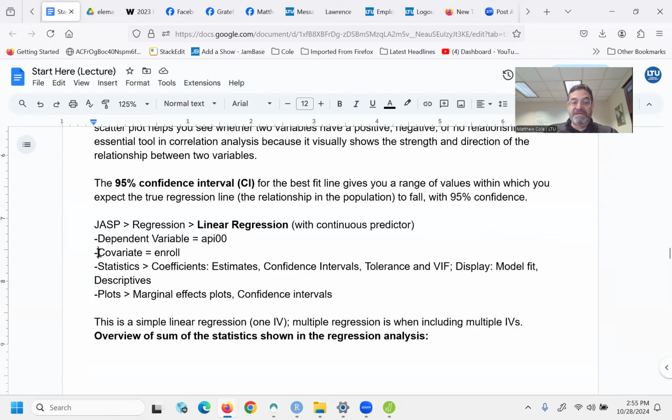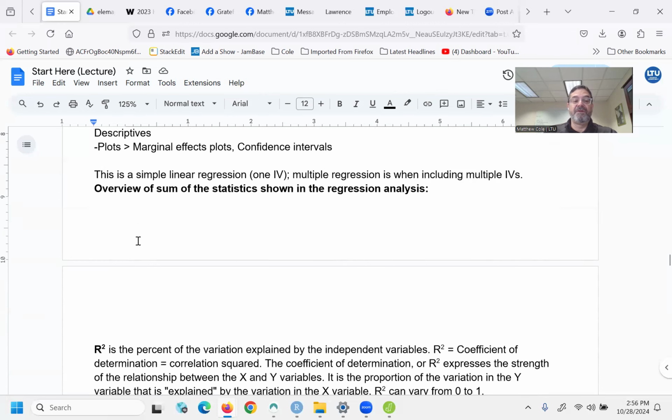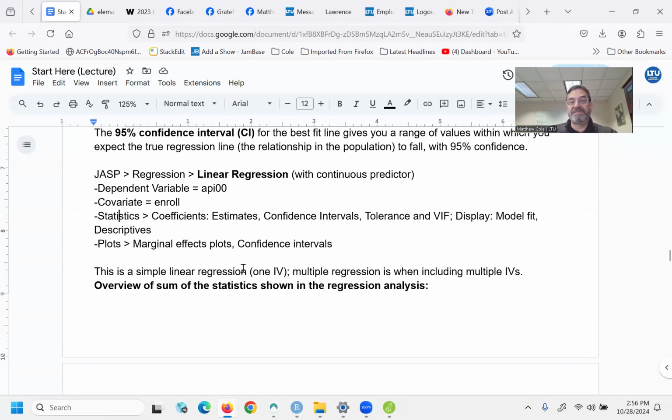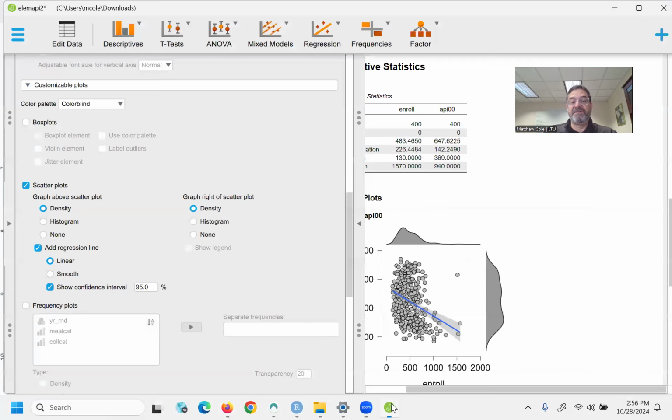The predictor variable is enroll, and in regression, you'll see in a minute, that's called the covariate, because everything is contributing to the variance in the dependent variable, which is why it's called a covariate. Then when we generate the statistics, we want coefficients, estimates, confidence intervals, tolerance, variance inflation factor. We want to display the model fit, look at the descriptives, and then plot it out. Okay, so let's do that, and then let's take a look at some of the statistics.